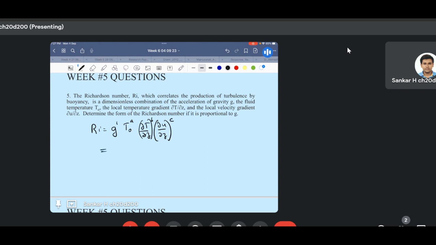Therefore, again, we write this in the dimensionless form as L T raised to minus 2.